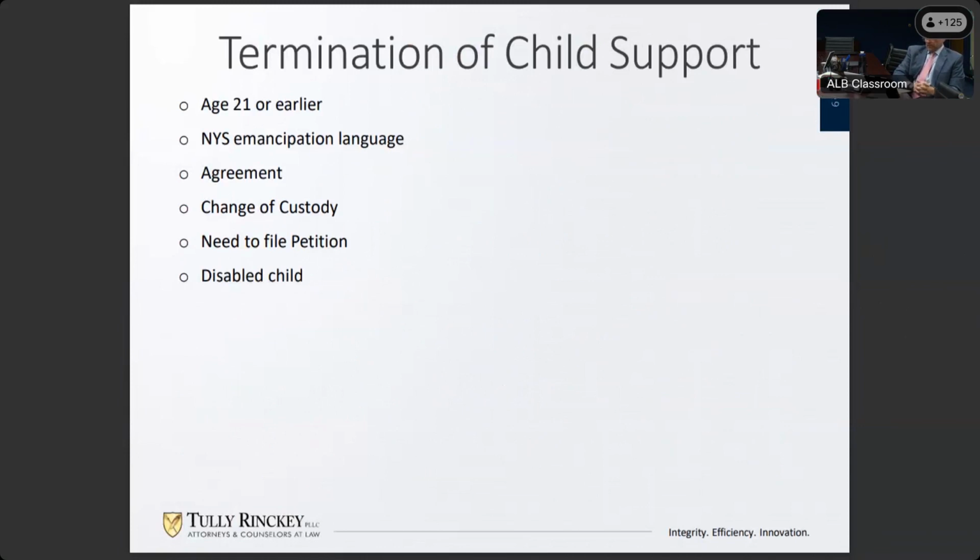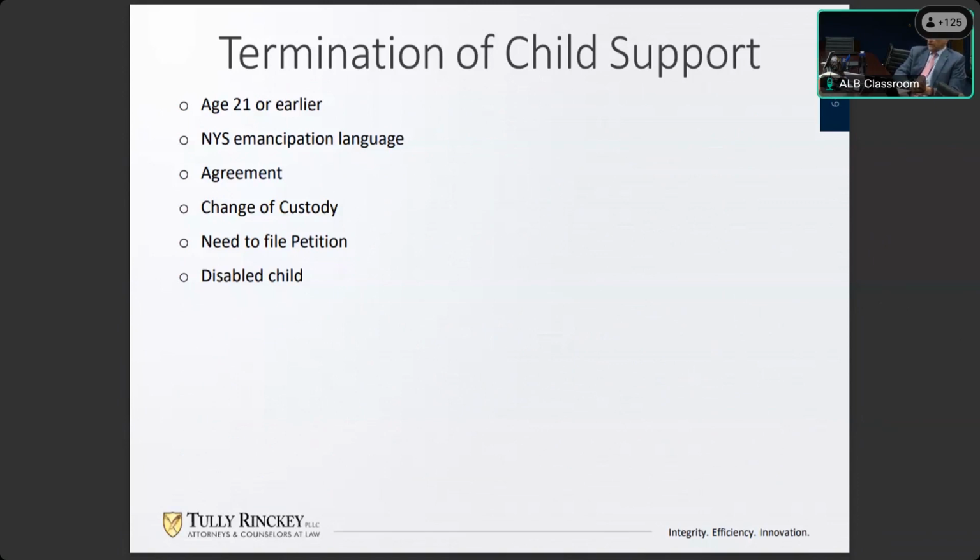By agreement. If you're doing a settlement agreement, or a separation settlement agreement or stipulation, you can determine by yourself when you're going to terminate child support or you're going to extend it. Lots of times people will extend it until the child, I shouldn't call it child, 21, finishes college. Okay. Next way, change of custody.